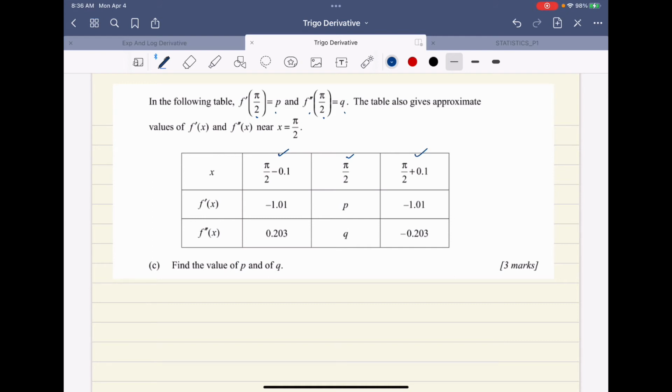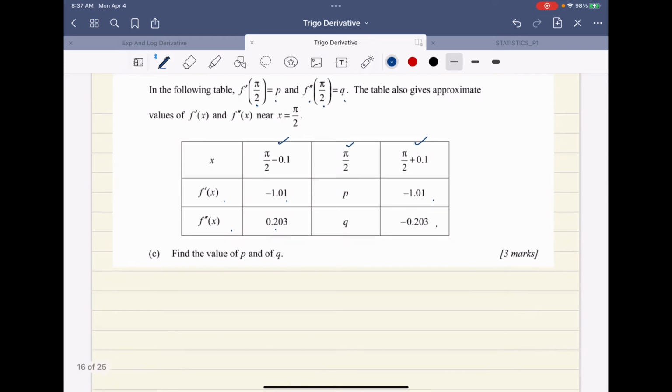At pi by 2 minus 0.1, the single derivative is negative. At pi by 2 plus 0.1, it is still negative. At pi by 2 minus 0.1, the double derivative is 0.203. At pi by 2 plus 0.1, the double derivative is negative 0.203. Find the values of p and q.